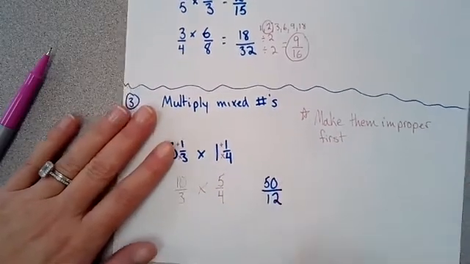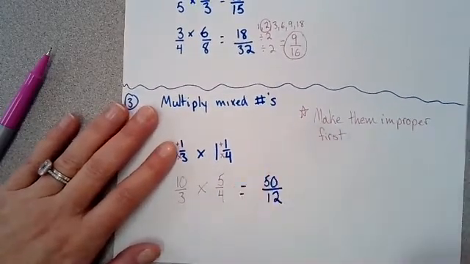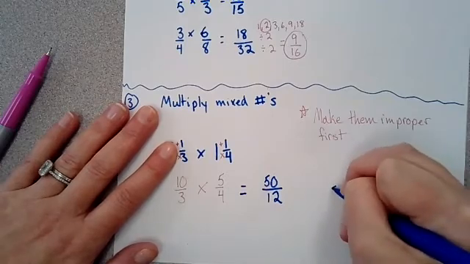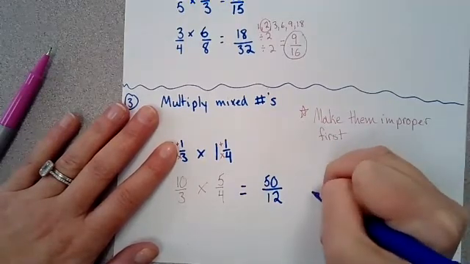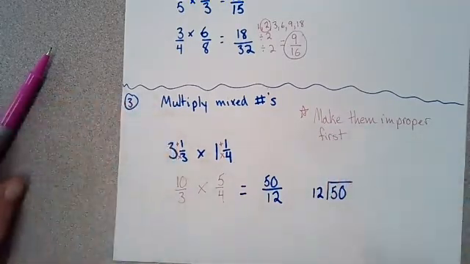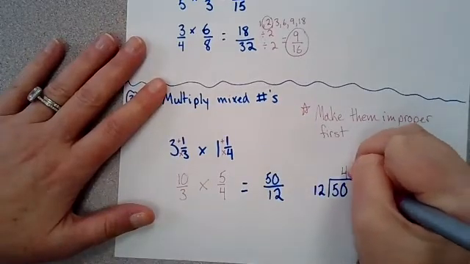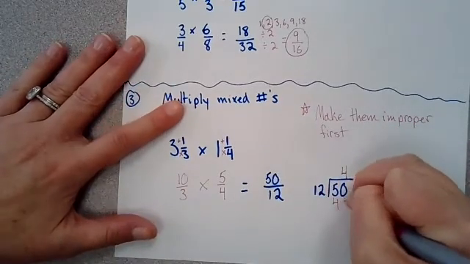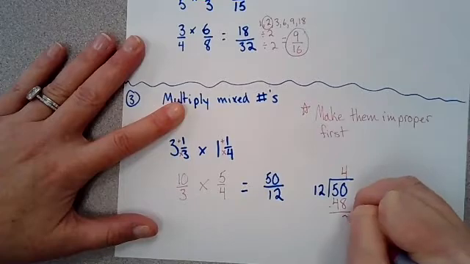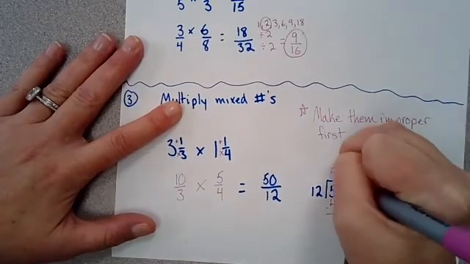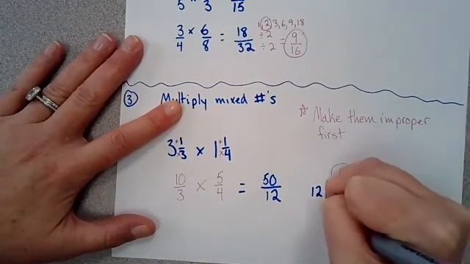Miss Ross, this has a big fat head. Yes, it does. You got to fix it. So you're going to take 50 and divide it by 12 so this is not improper anymore. 12 goes into 50 4 times. 4 times 12 is 48. When you subtract, you get a 2. Start at the top, go around the clock.